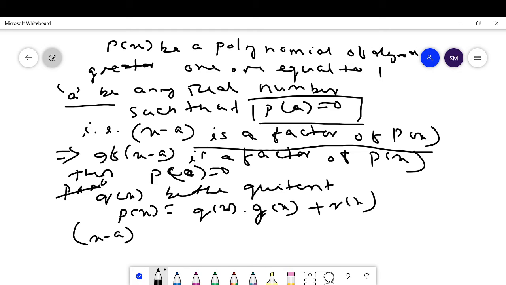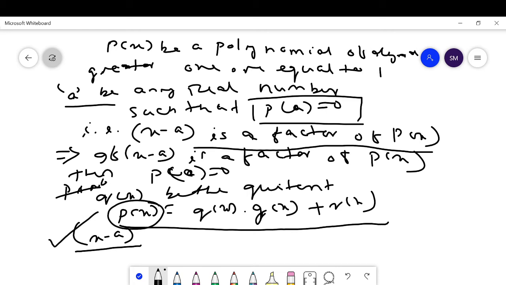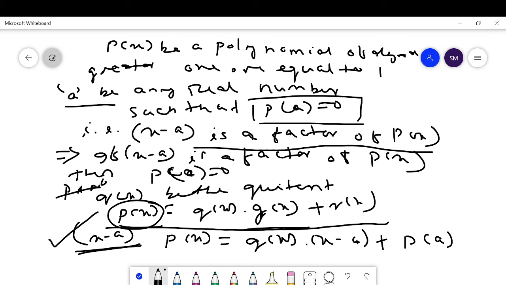Here, by the division algorithm, P(x) is equal to Q(x) into the divisor plus the remainder. P(x) is the dividend, the divisor is x minus a, and we get P(x) equal to Q(x) into x minus a plus the remainder P(a), because of the remainder theorem.